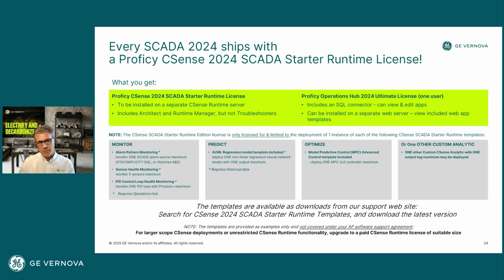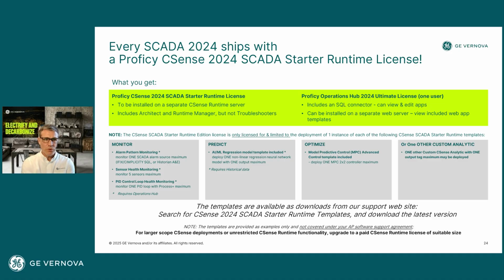With this runtime, you are licensed to implement only one instance of each of these templates in a limited way. If you want to implement more, implement the templates at a larger scale, or deploy more analytics, then just upgrade and buy a paid CSense runtime license.